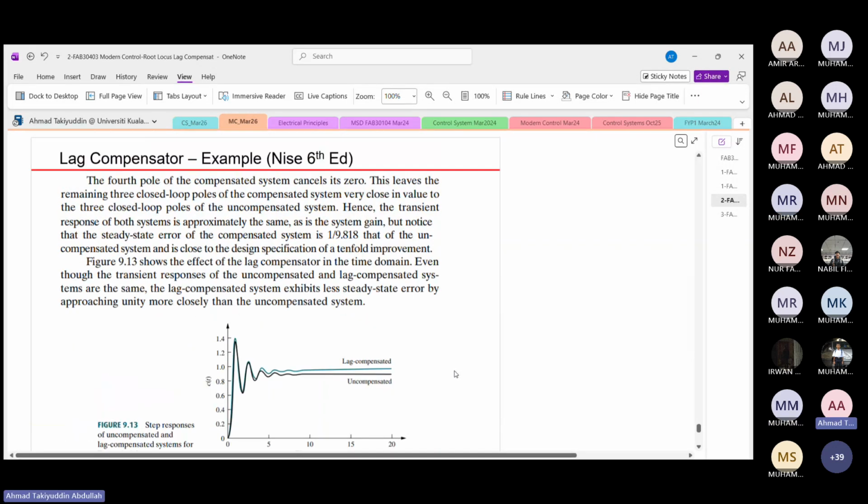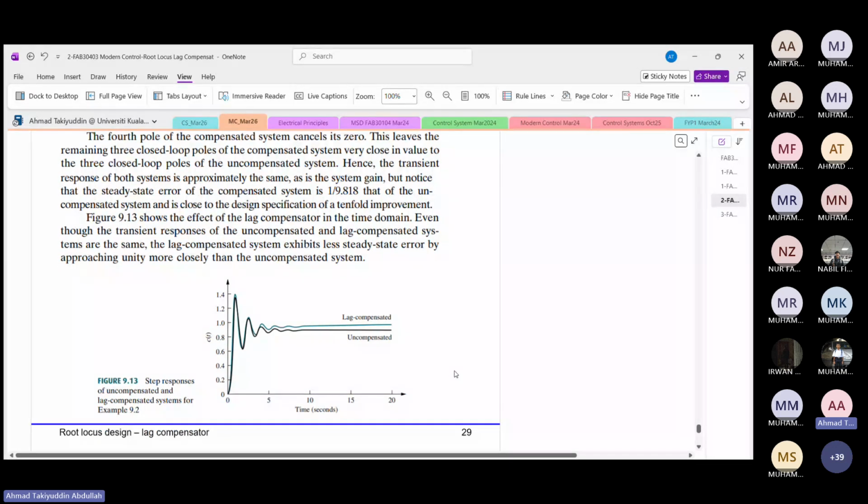Right. So this is the description you can have as you look at the output response. The output response shows the improvement of the steady state error, because you are dealing with this lag compensator.